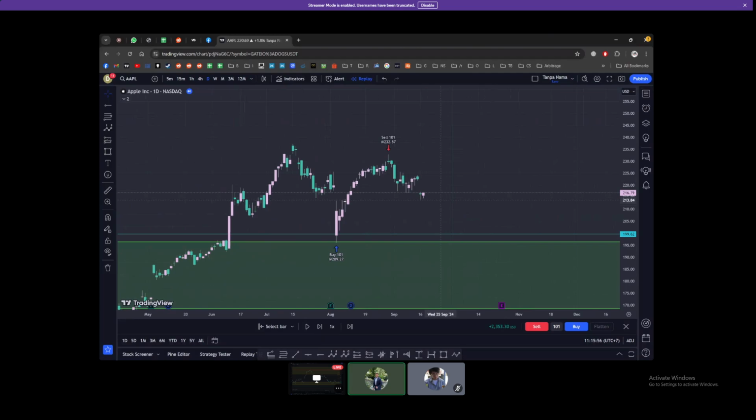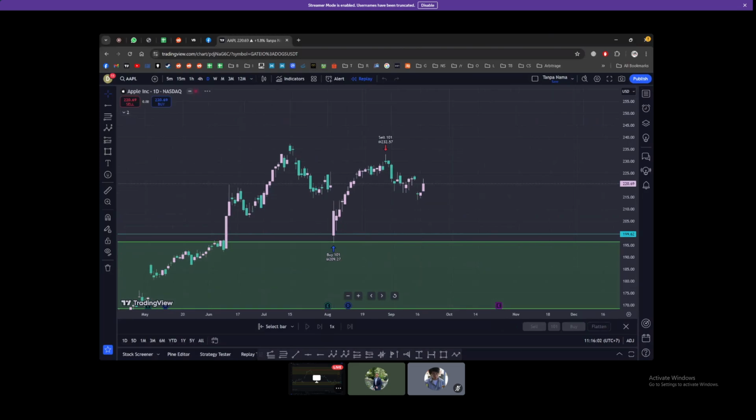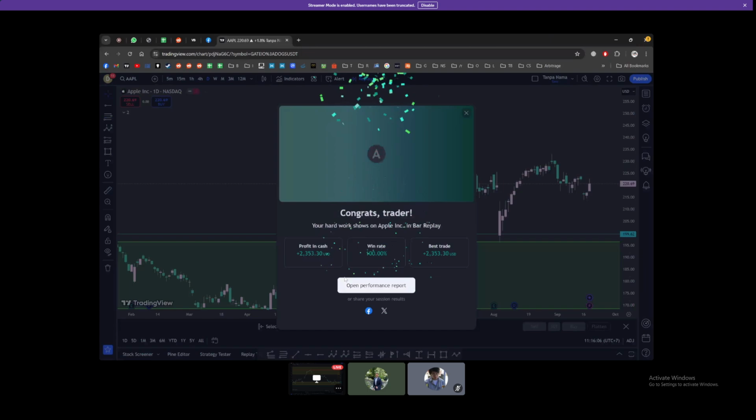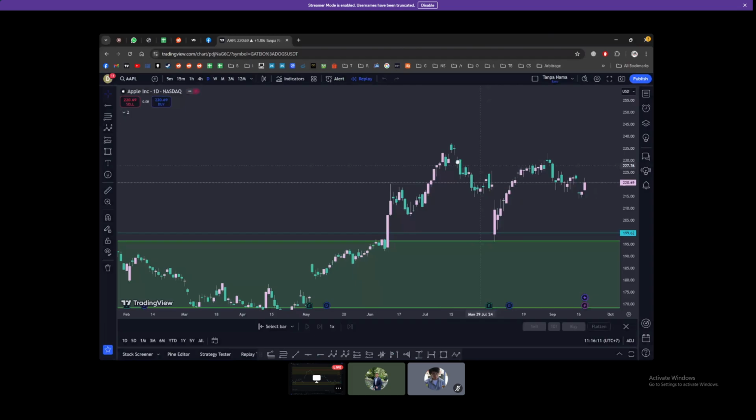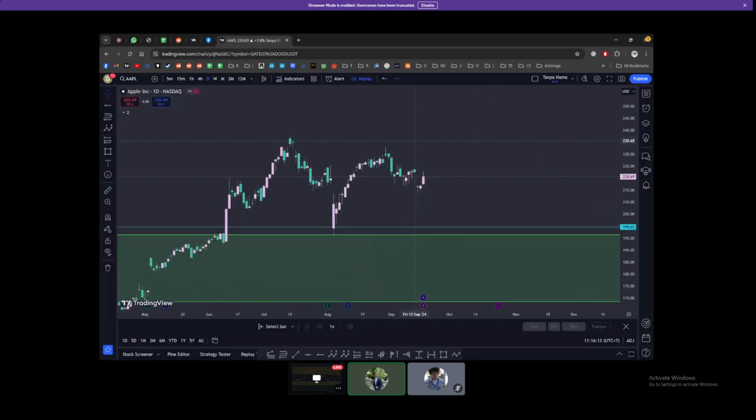Play out the price action. See if we fill the gap, the open gap.